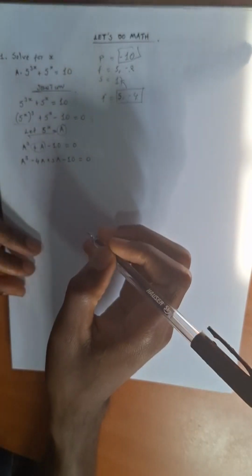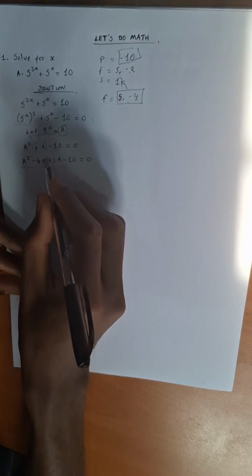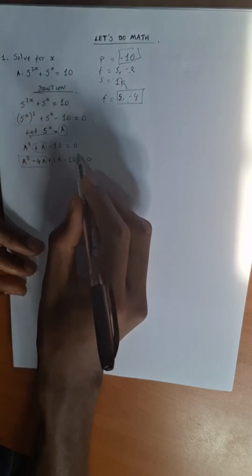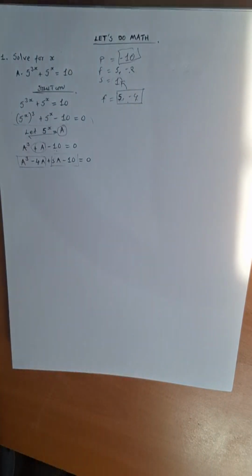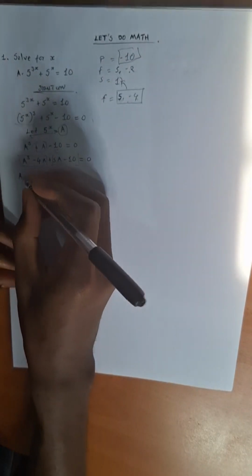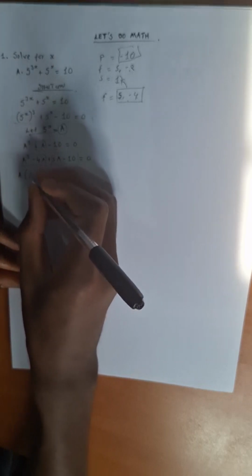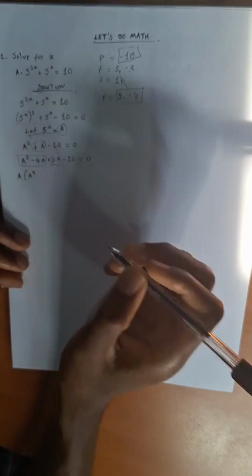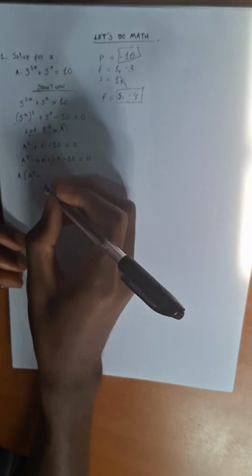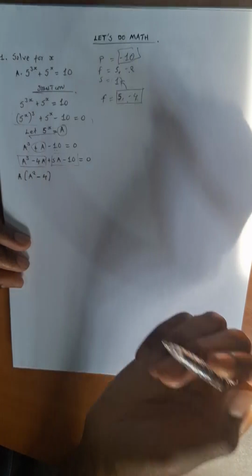So we're going to factorize these two sets of data that we have here. So we're going to have a, which is common here. Inside we'll remain with a squared minus 4, since the a is already gone.